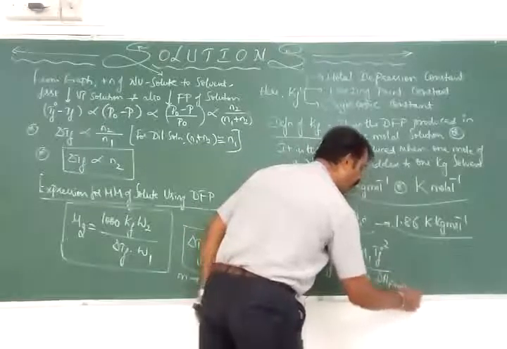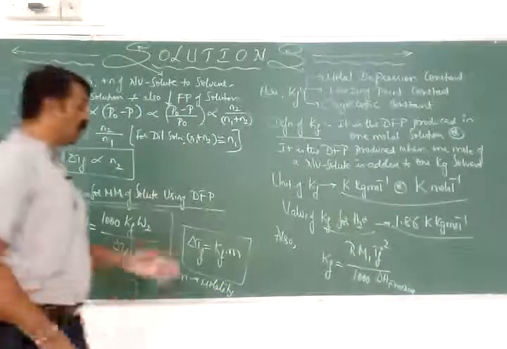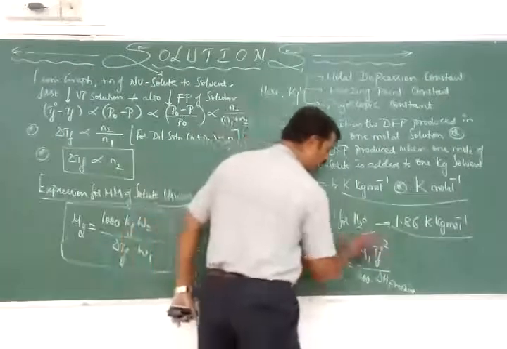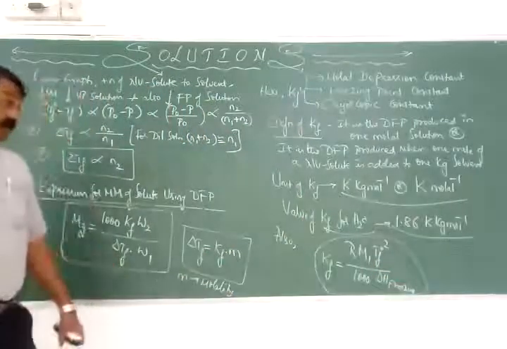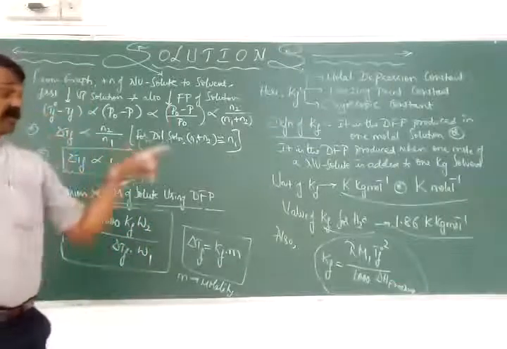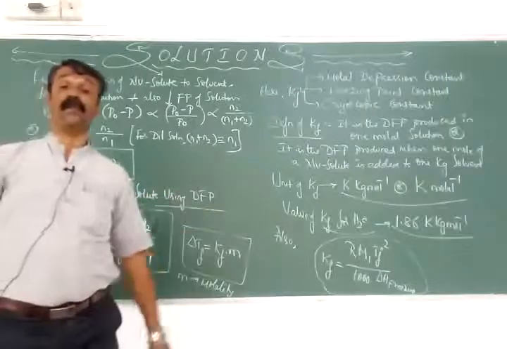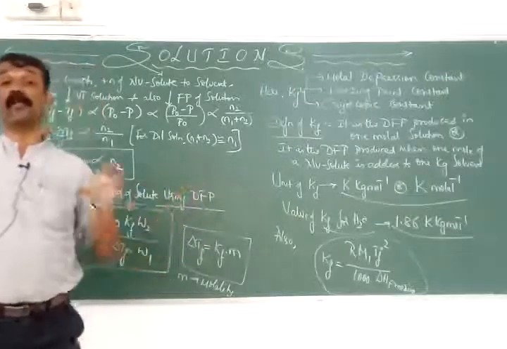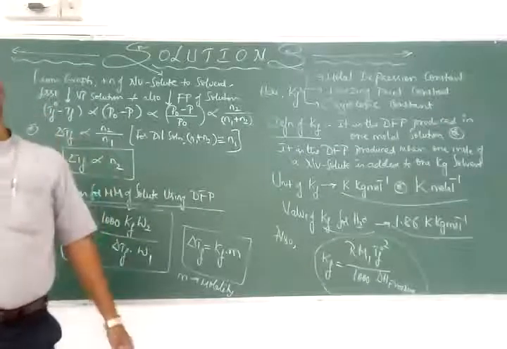Enthalpy of freezing, or it is also called enthalpy of fusion. As usual, what is R? The universal gas constant, or here it is called the solution constant. M1 is the molecular mass of the pure solvent. What is Tf naught? It is the freezing point of the pure solvent. And delta H of freezing is nothing but enthalpy of freezing, or sometimes it is also called enthalpy of fusion.